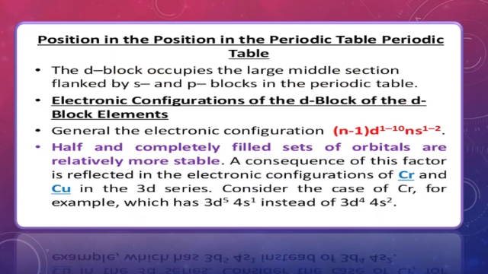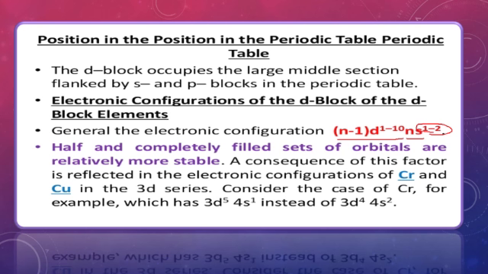D block elements lie in between S and P block elements in the long form of the periodic table, and the general electronic configuration of d block elements is (n-1)d 1 to 10 electrons and ns 1 or 2 electrons.